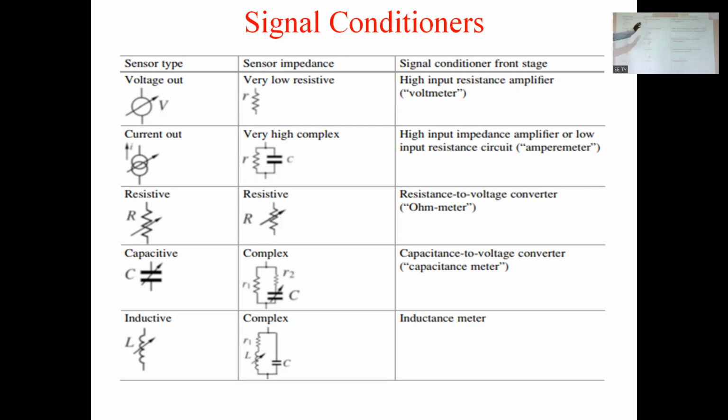Okay, so see, these are the five outputs of the sensor, and which device can be interfaced. So these are the signal conditioner front stage. What is needed in the signal conditioner front stage? For the first one, a high input impedance amplifier is required. For the second one, a high input impedance amplifier or maybe a low input resistance circuit, ampere meter, resistance to voltage converter, capacitance to voltage converter, inductance to voltage converter or inductive meter.